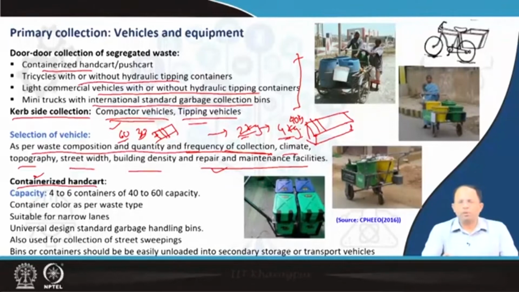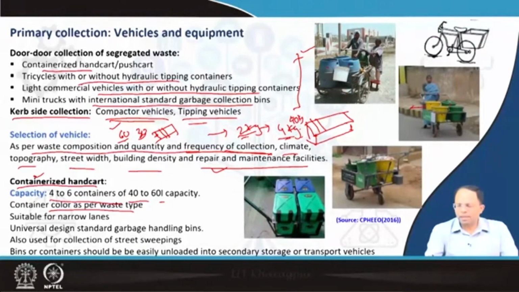But if it is not 50-50, then accordingly we have to select so many containers for organic waste and so many for non-organic waste, right? Roughly, in a containerized handcart, usually 4 to 6 containers of 40 to 60 liter capacity are utilized. Container color is as per the waste types, as you can see in these images. Over here there are 3 blue containers, over here there are 2 yellow, 2 green.